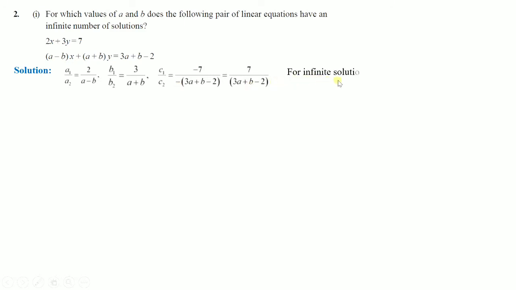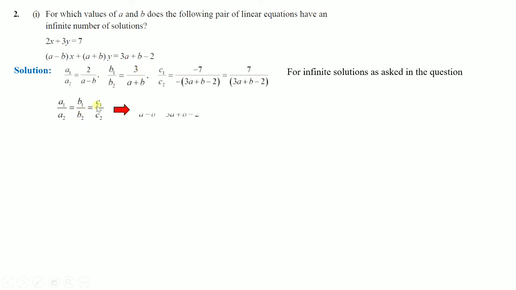Now for infinite solutions as asked in the question, we must have a1 upon a2, b1 upon b2 equals to c1 upon c2. These three must be equal. So we will put all these values above in this result.